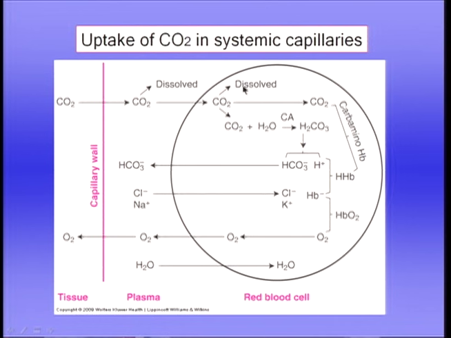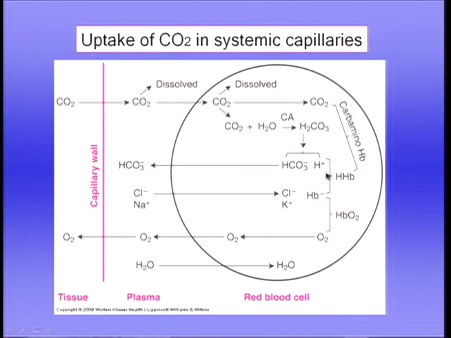First of all, we should say there is, of course, some carbon dioxide that's dissolved inside the red cell, but then a substantial amount of it combines with water under the effect of the enzyme carbonic anhydrase to form carbonic acid. And this dissociates then into hydrogen ion and a bicarbonate ion. Now it turns out that these hydrogen ions are mopped up by the reduced hemoglobin in the red cell.